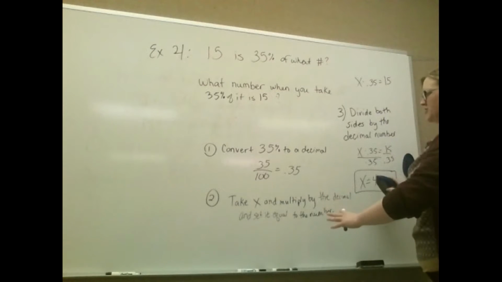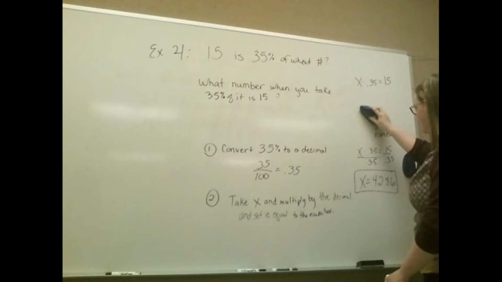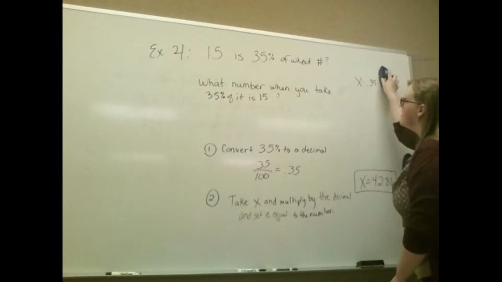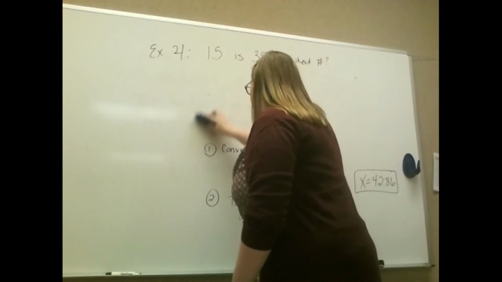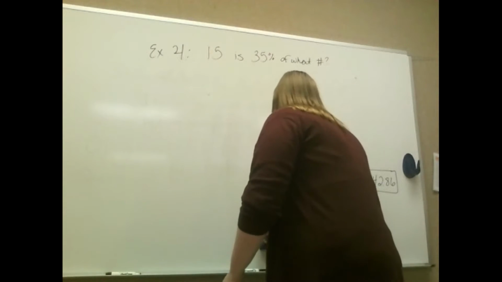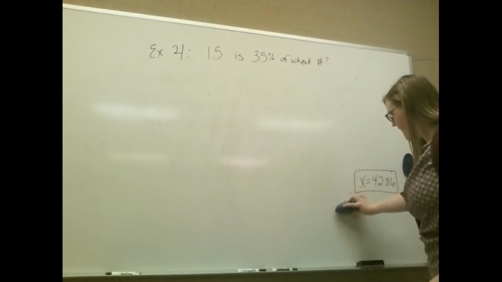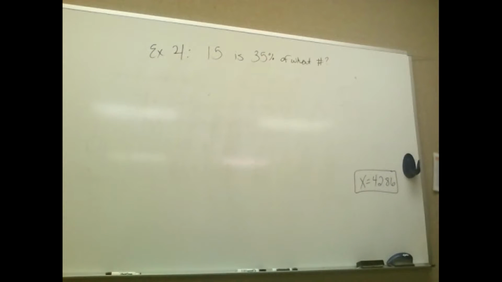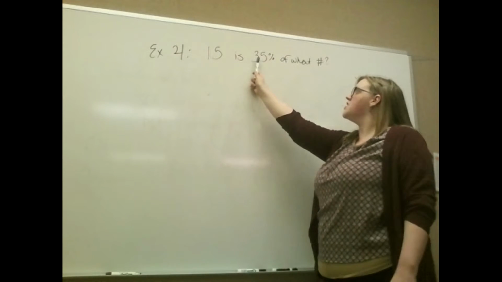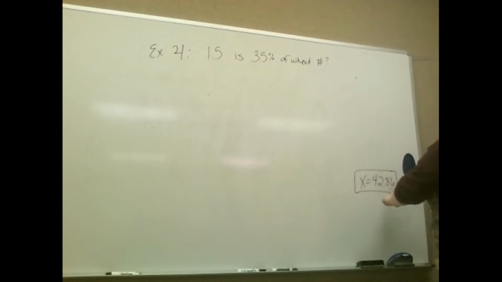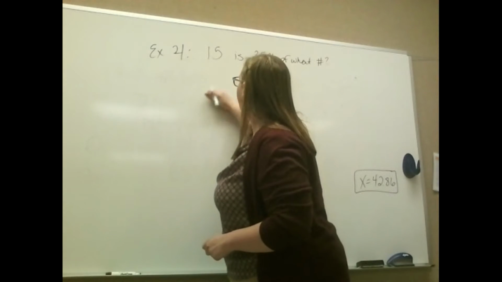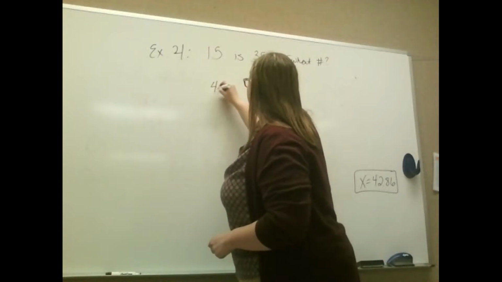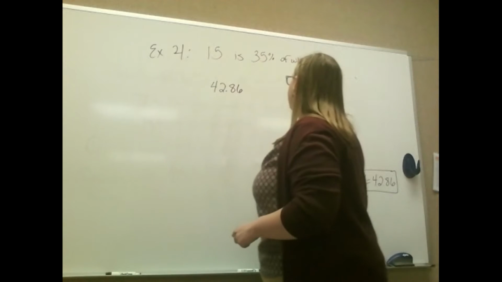All right, okay. So erase this because we're just going to keep the answer and the original question. So we said that 15 is 35% of 42.86.